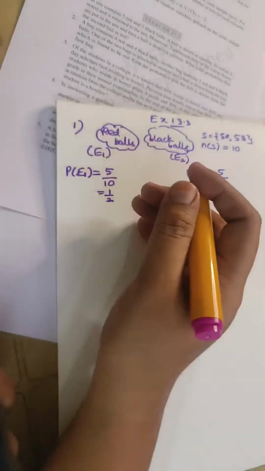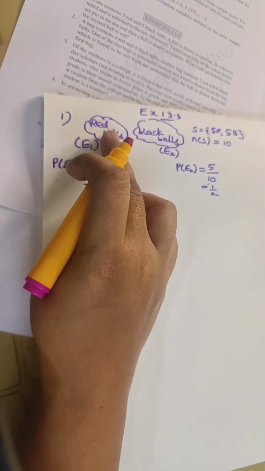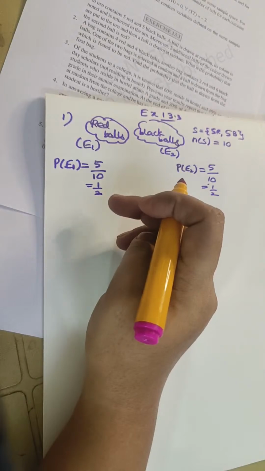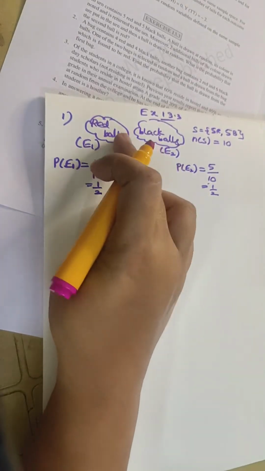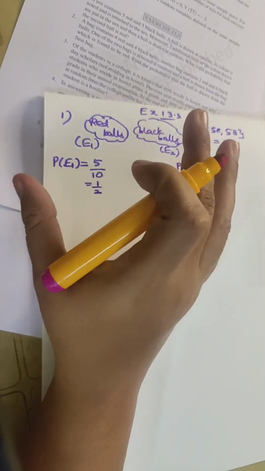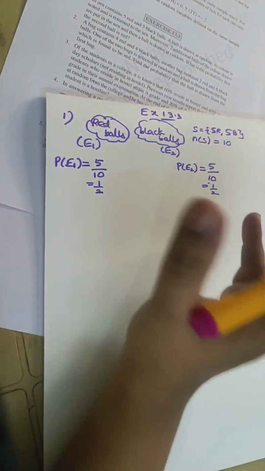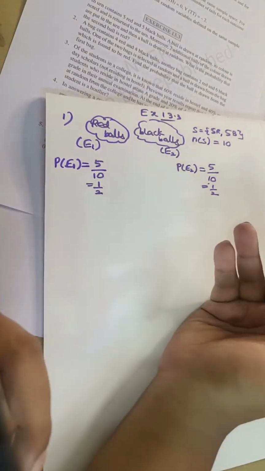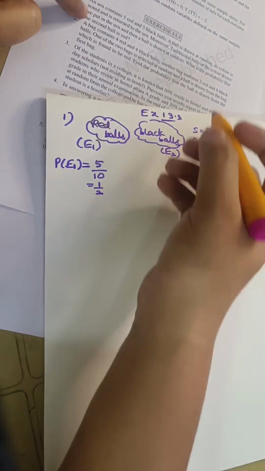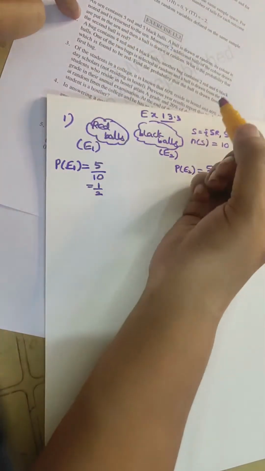So if I take a red ball first, then if the red ball is taken, I'm going to put it back in the bag, and two more additional balls will be added, because two additional balls of the color drawn are put in the urn. What is the probability that the second ball is red? That is what we have to find.